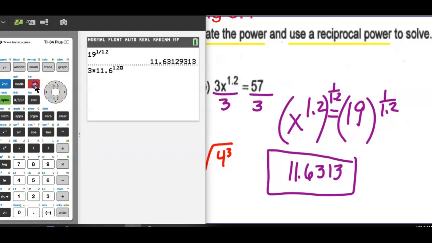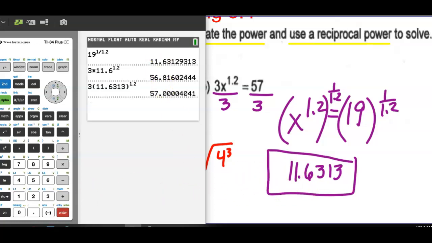If I just do that, I get 56.8, which is not 57. If I put in the longer number, 3 times 11.6313 to the 1.2. Hopefully I'm going to get a lot closer to 57. Oh yeah, really close. Okay, so that's why we carry so many places.